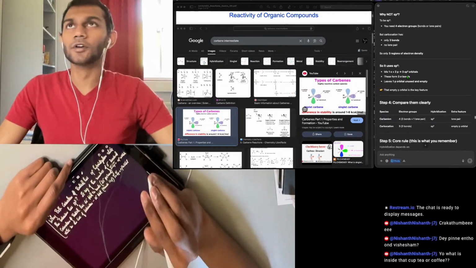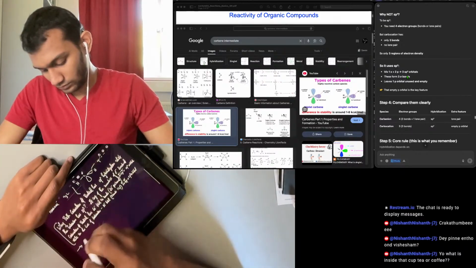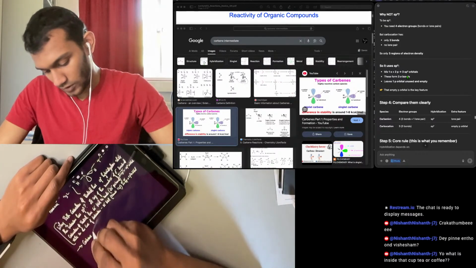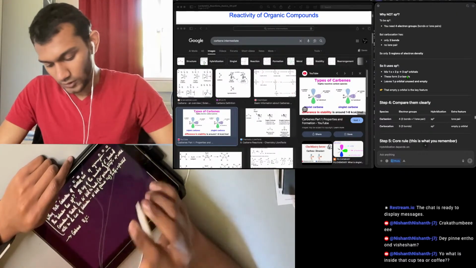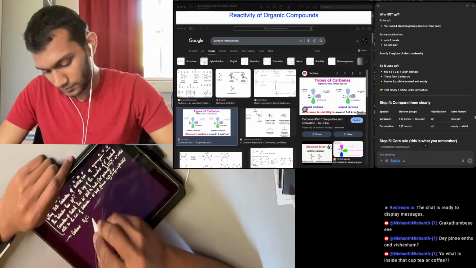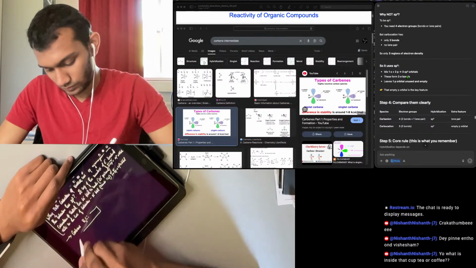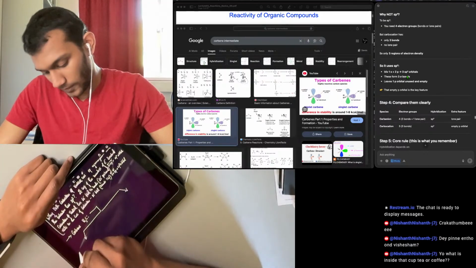Okay, now it's time for carbene, right? R2C with a lone pair. Carbene, 2 types. Singlet.